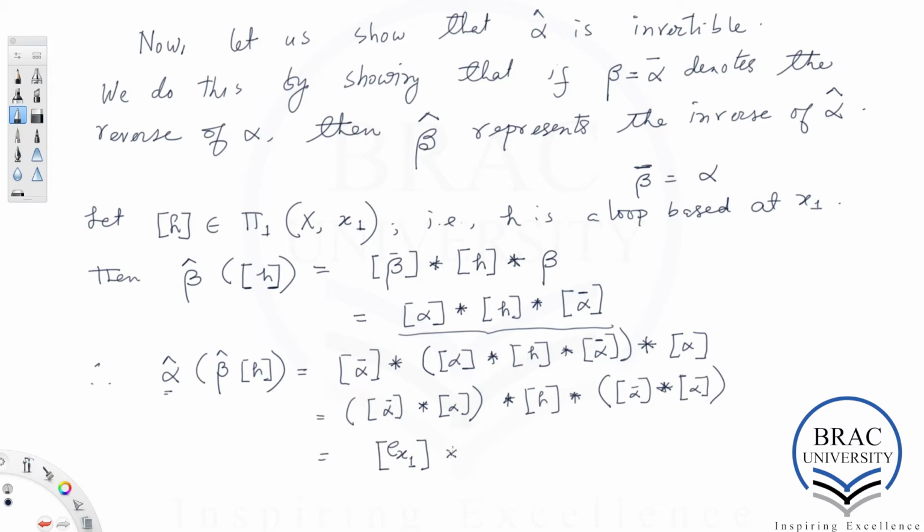Okay, so we get E sub x1 star H star E sub x1, and H star E sub x1 is again H, since all of them are in this group, right? So we see that this is H.